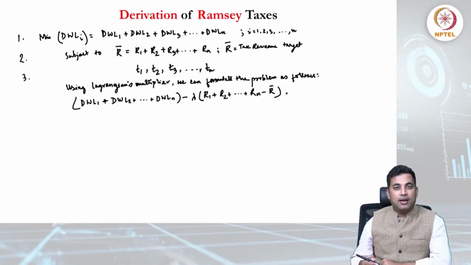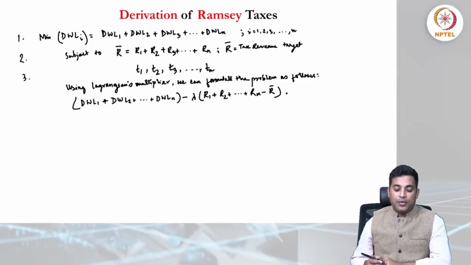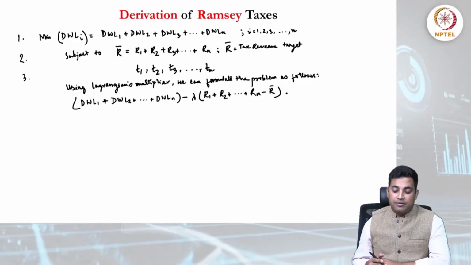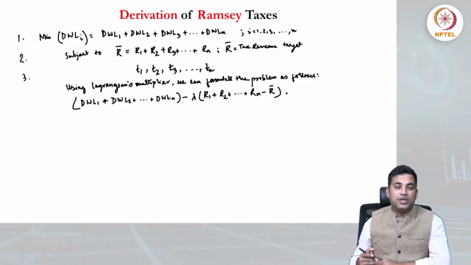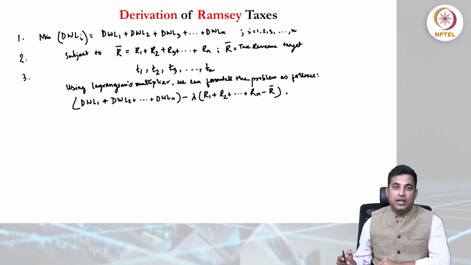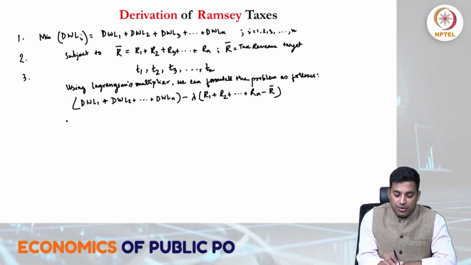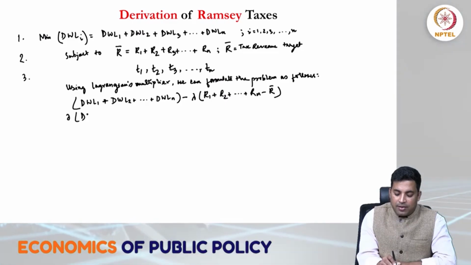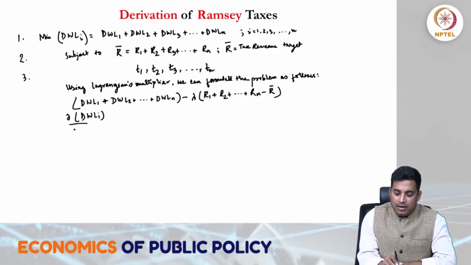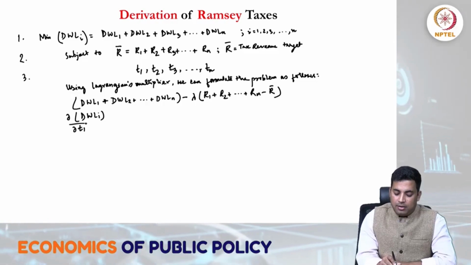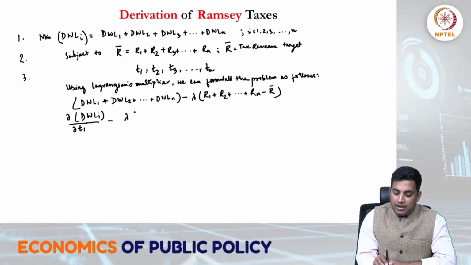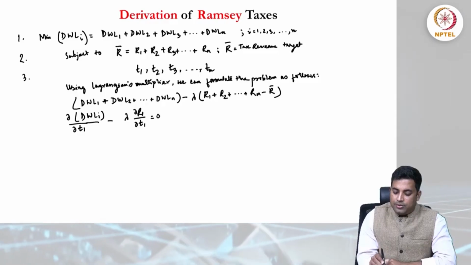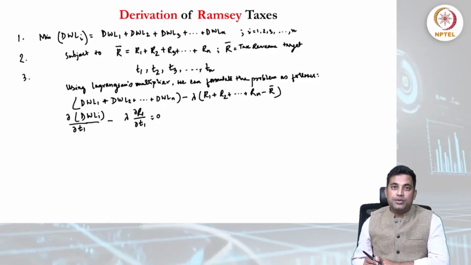We are trying to understand how the overall deadweight loss, or overall social welfare, changes with respect to changes in the tax rate for each individual. So if we differentiate with respect to t1, minus lambda times the derivative of R1 with respect to t1, the first order condition will be equal to 0.